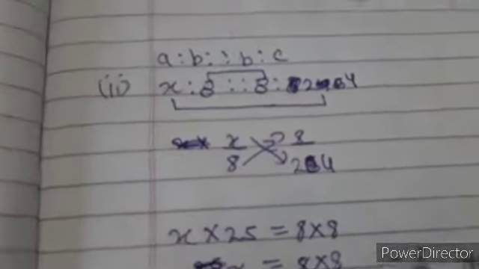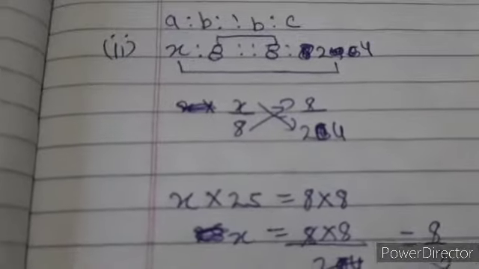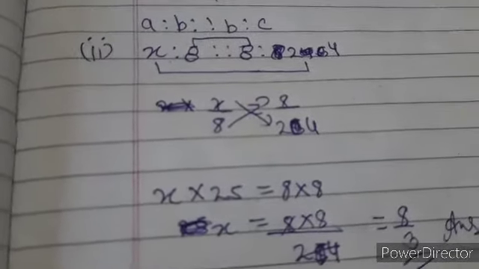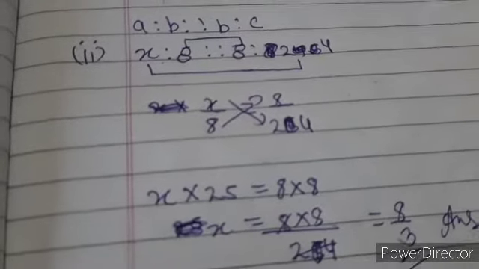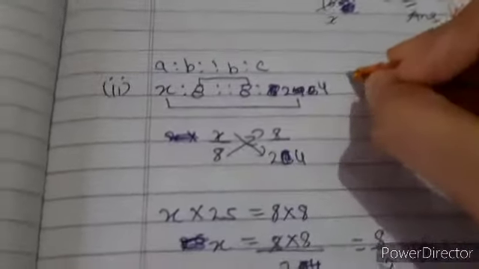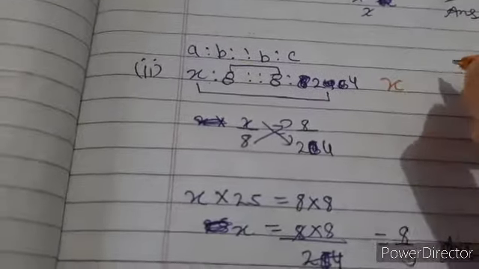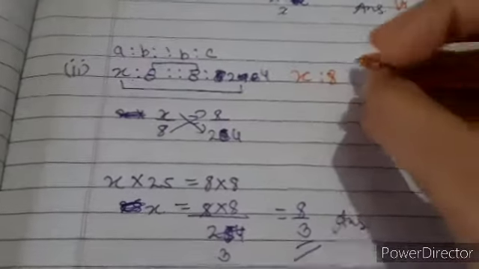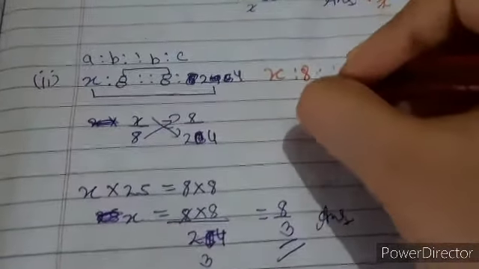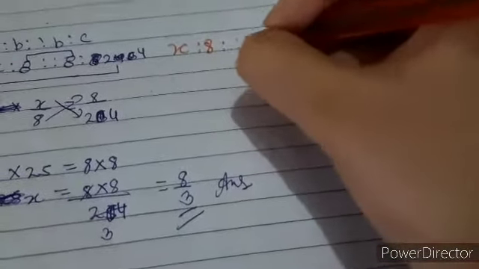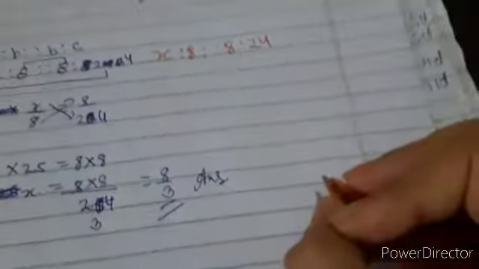Now let's do. x is to 8 such that 8 is to 24.